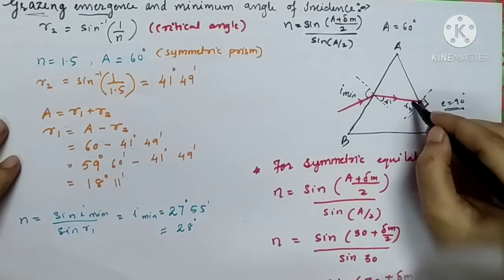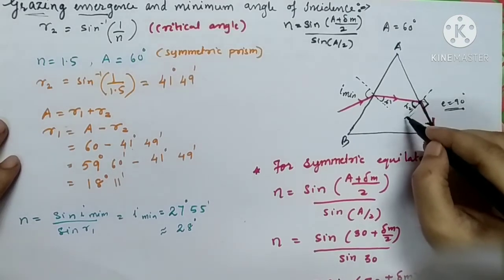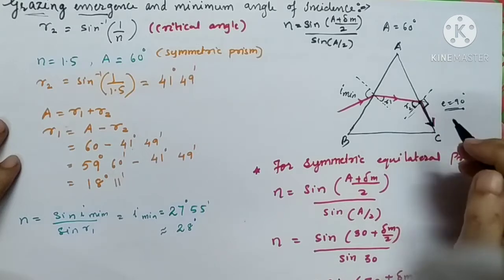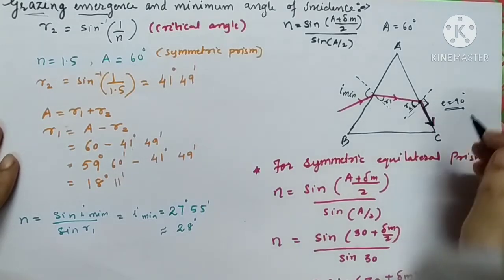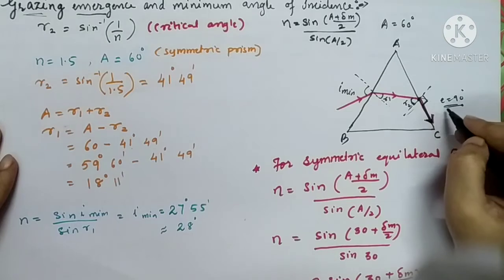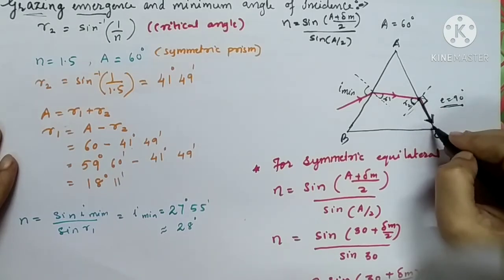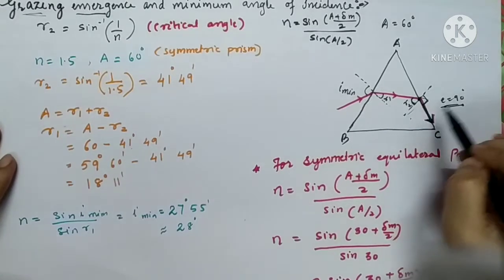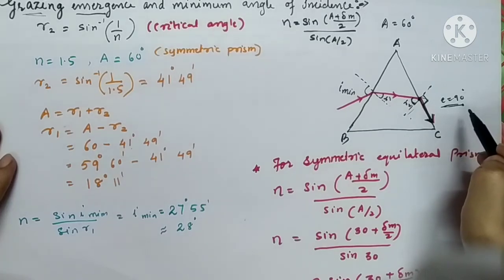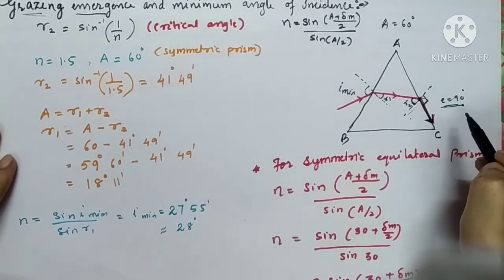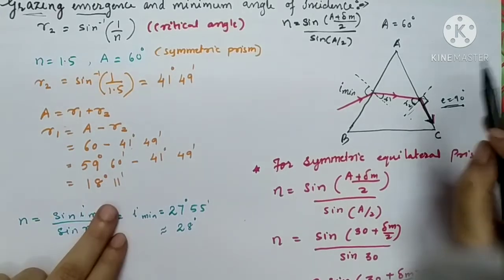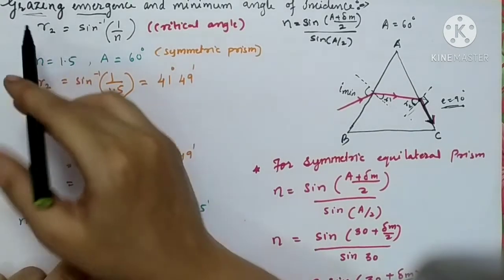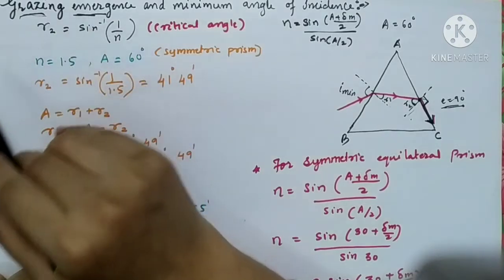So I can say that this angle R2, which is the second refracting angle, is nothing but the critical angle of incidence over here. For this critical angle, the emergent ray will just graze the surface AC of the prism. It will not move outside the prism. It will just graze the surface. So the angle of refraction will be 90 degrees for this particular ray. This is called the grazing emergence angle.